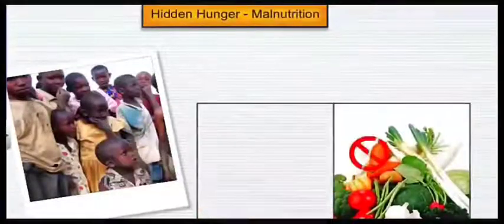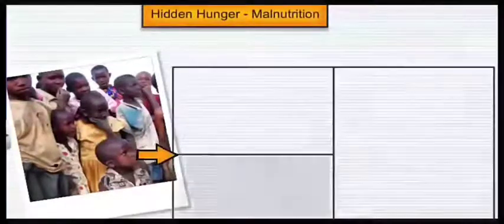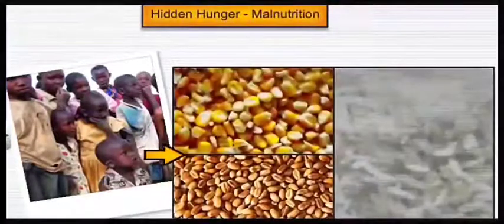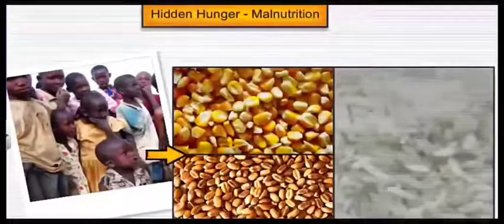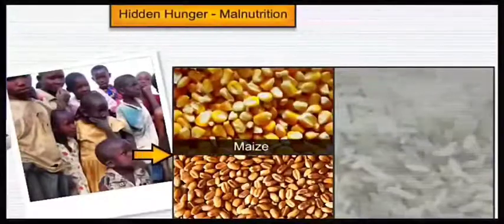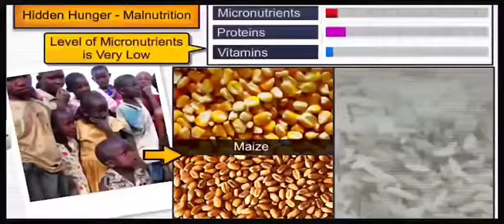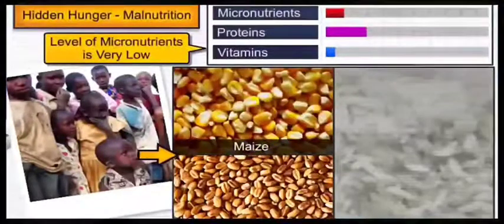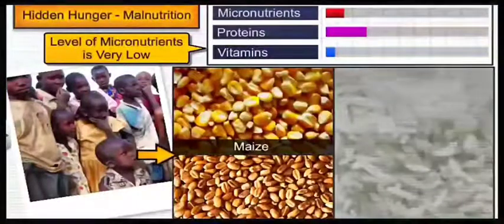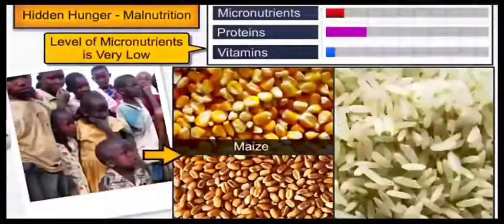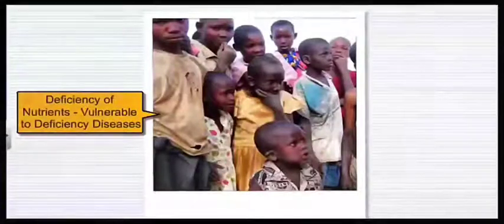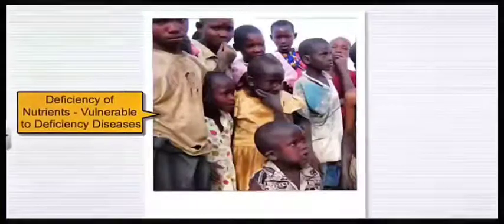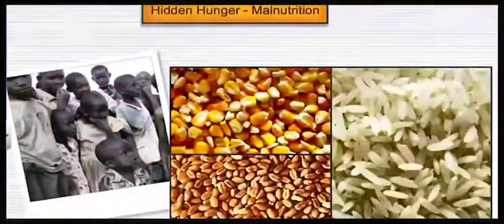Because of poverty, these people have food that is only rich in carbohydrates like maize, wheat, rice. These foods lack micronutrients, proteins and vitamins. As a result, these people show many deficiency diseases and it makes them vulnerable to other diseases.